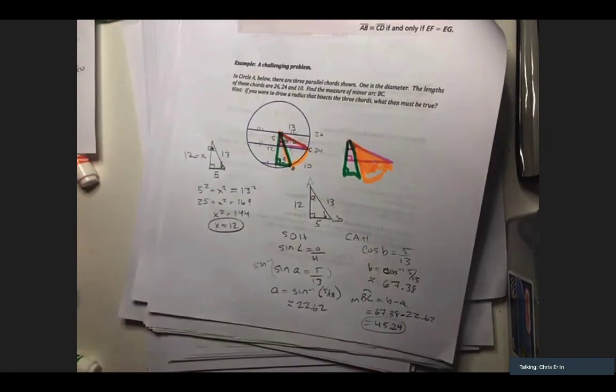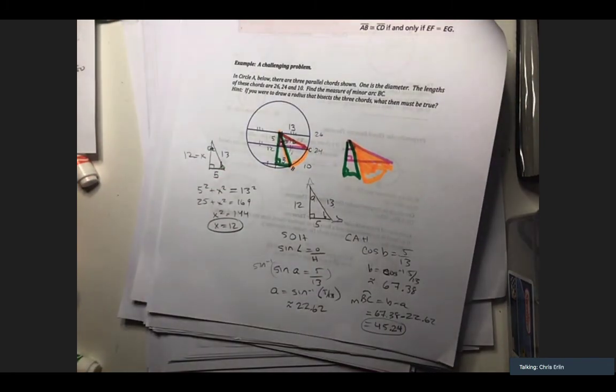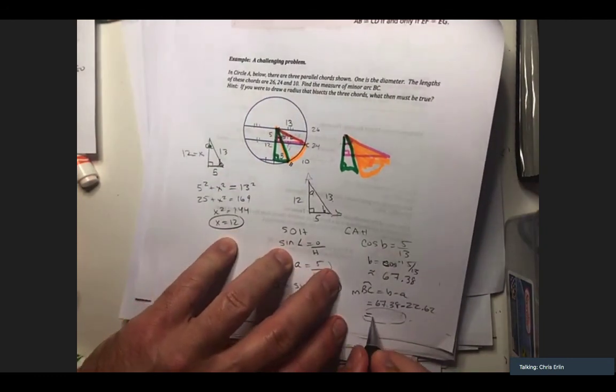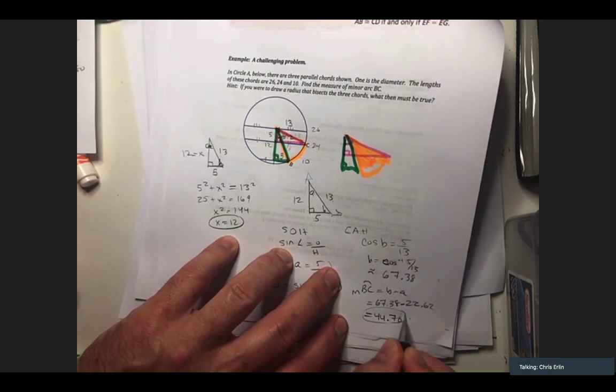So that's right, so 67.38 minus 22.62. 44, oops, I'm way off here. 67.38 minus 22.62 comes out to be 44.76 degrees.